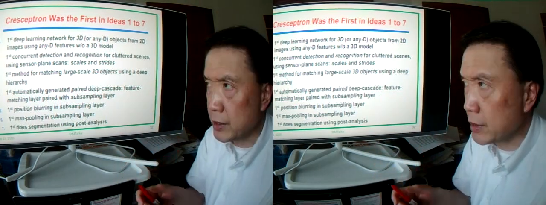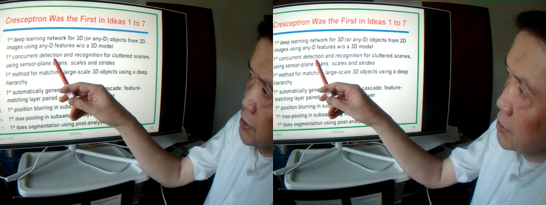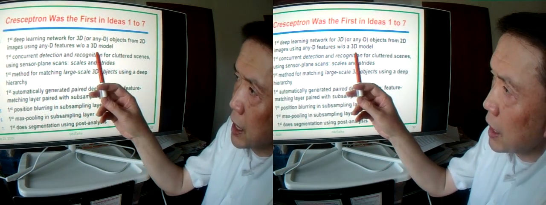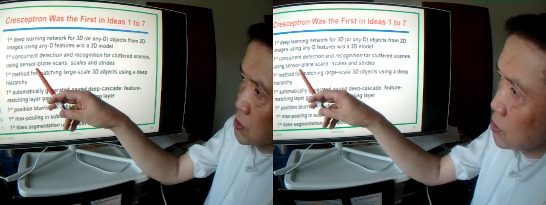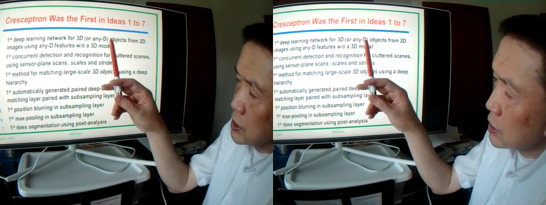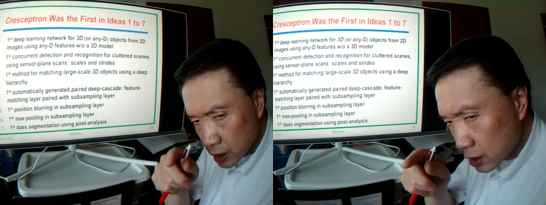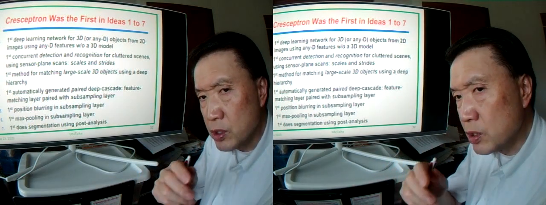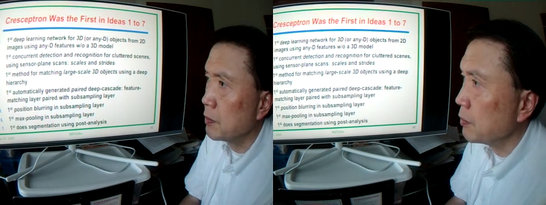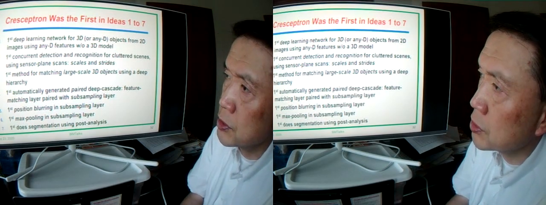No, that's not what we're talking about. We say detection and recognition happen at the same time. And with a sensor plane scan at different scales and with stride, meaning that for slightly different locations, we don't need to spend network learning time. So there is better generalization also.